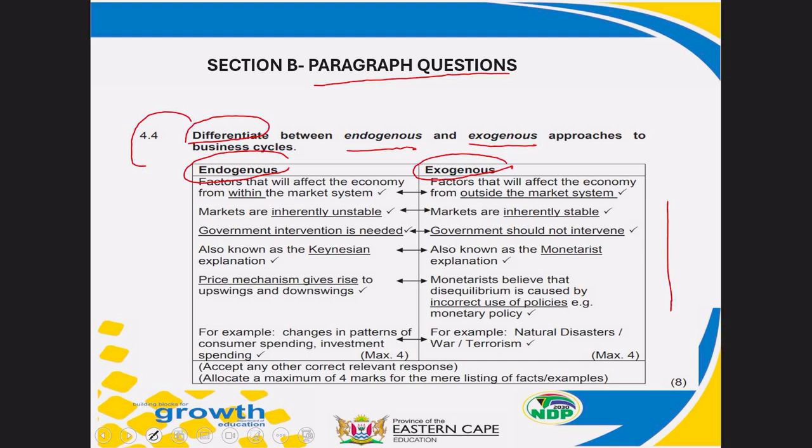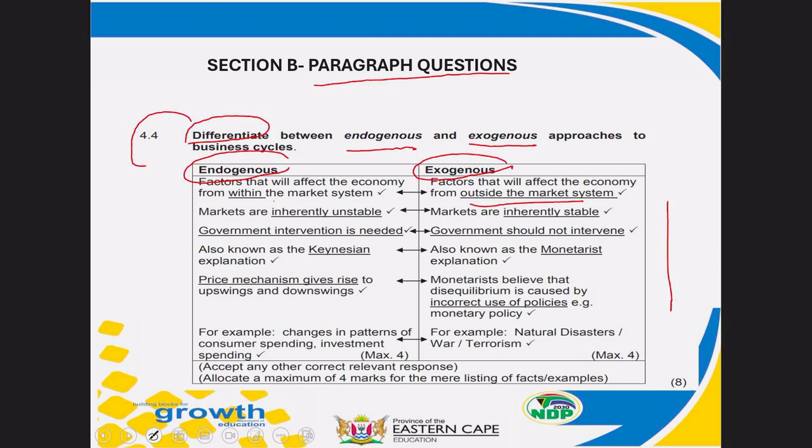Now, for example, here we said endogenous are factors that will affect the economy from within the market system. On the exogenous, these are factors that will affect the economy from the outside. We are looking at where these factors are coming from.